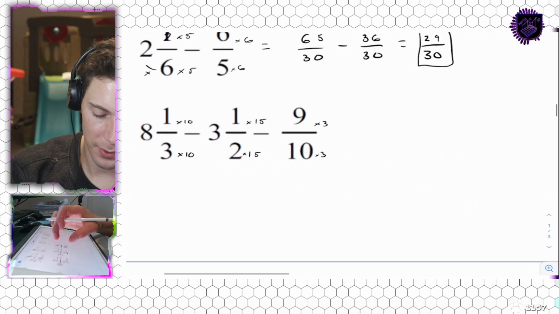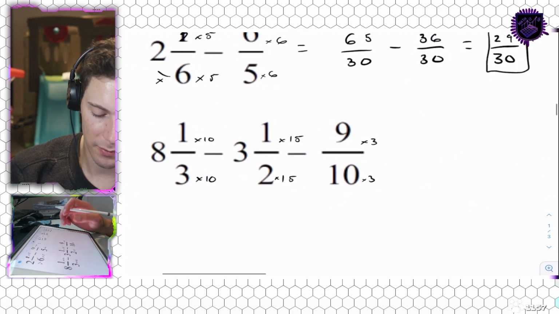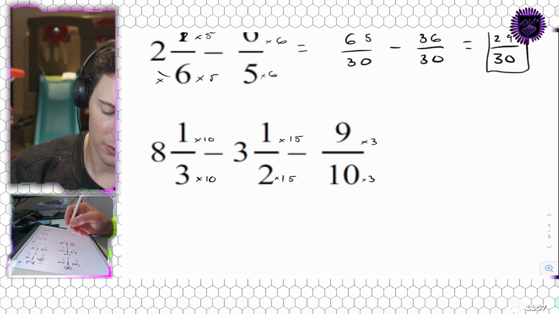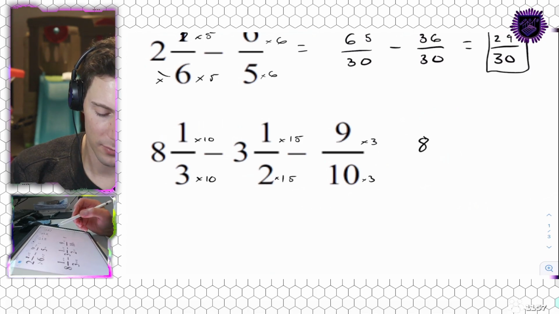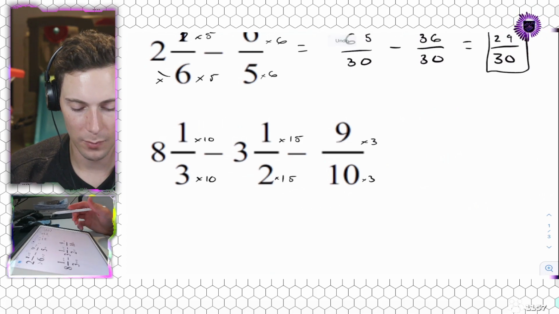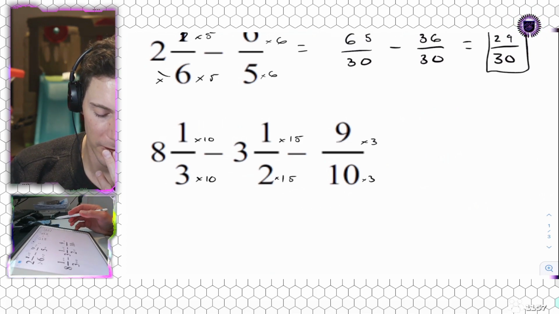All right, let's write our equivalent fraction, and it's going to be 8, and well, should we convert this? Yeah, let's convert it, and let's do hard math.